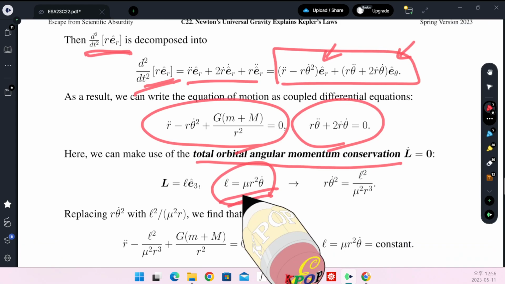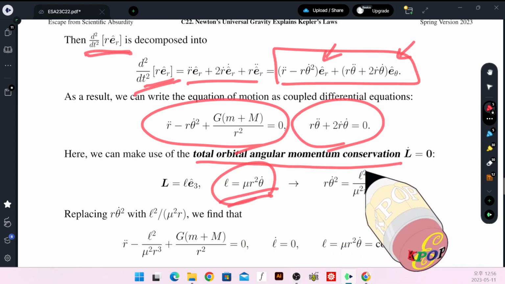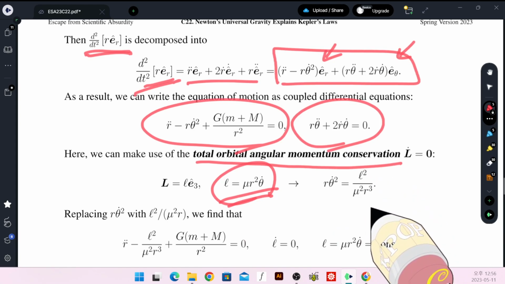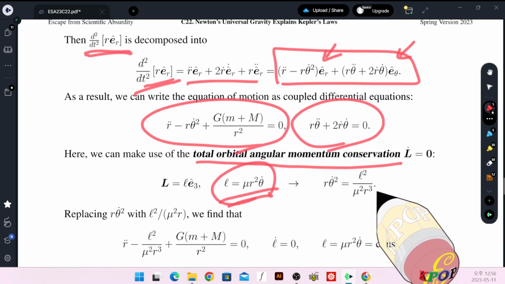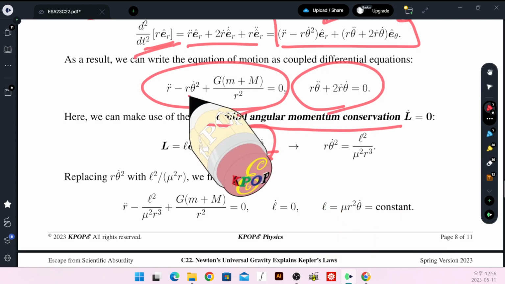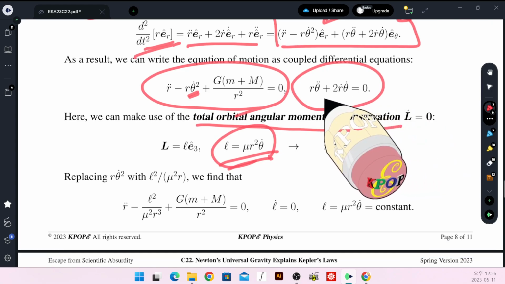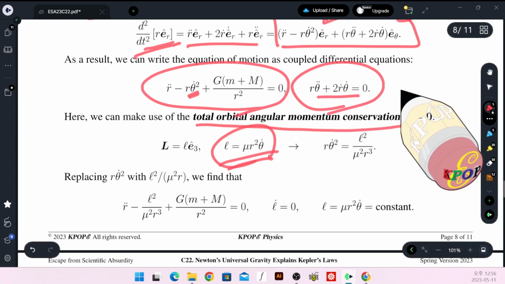As a result, it's good to replace theta dot in terms of the orbital angular momentum L and the radius R, the magnitude of the relative coordinate vector. So this guy will disappear, and this guy will be simplified.